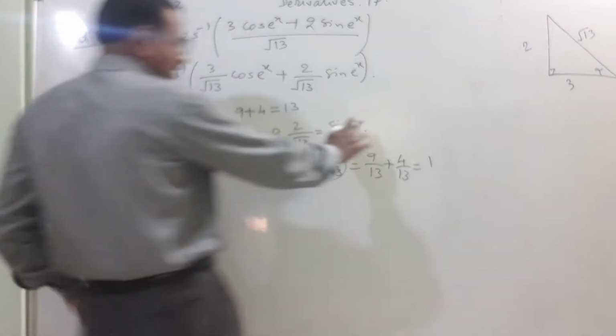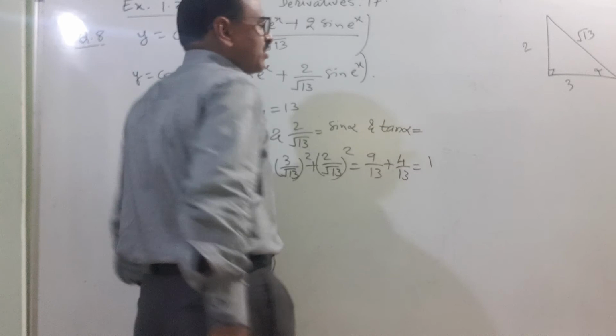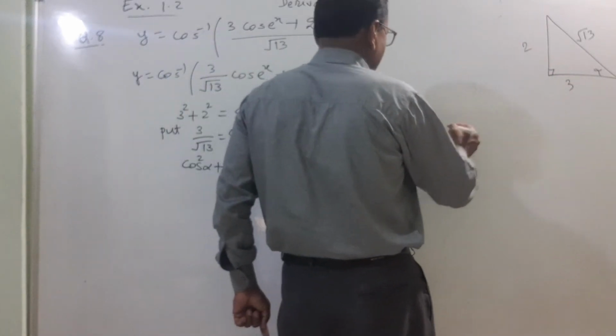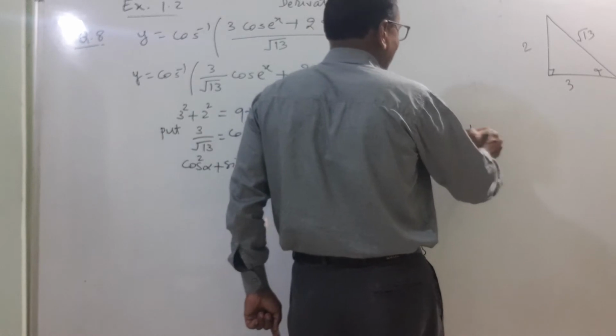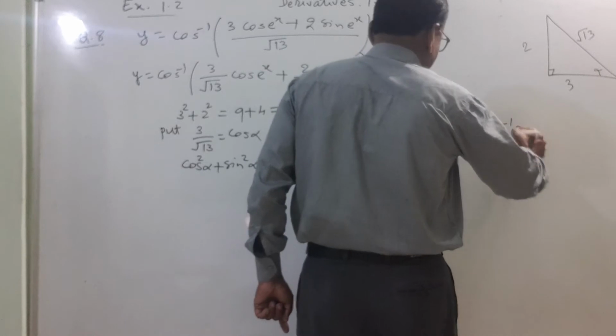And here tan alpha is equal to, tan means opposite side upon adjacent side, 2 upon 3. Therefore, alpha is equal to tan inverse of 2 upon 3.